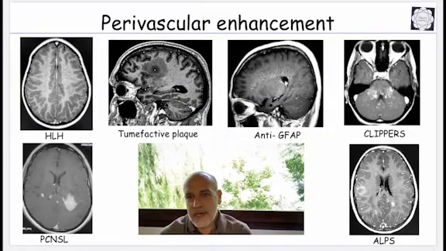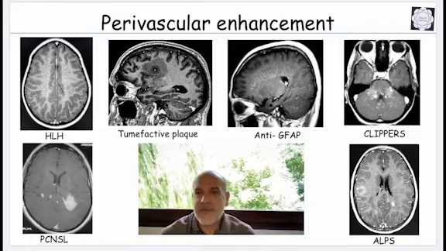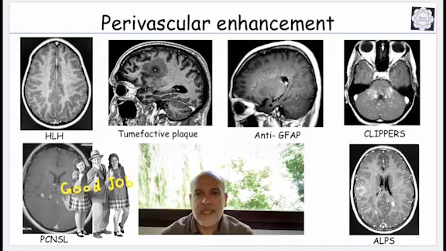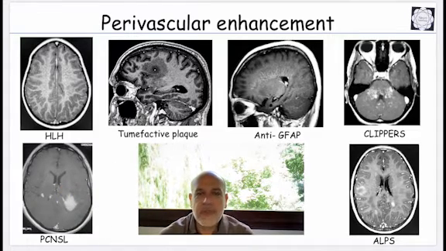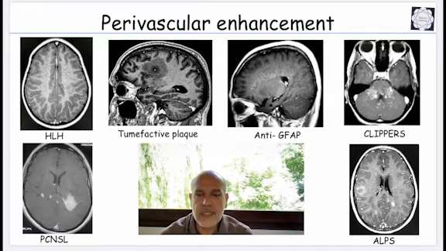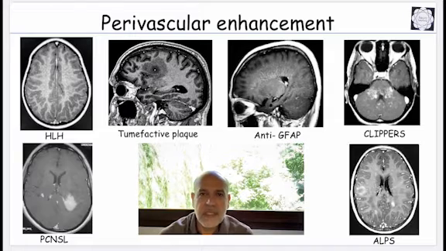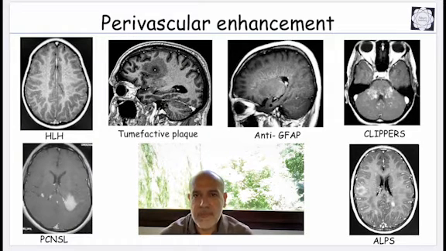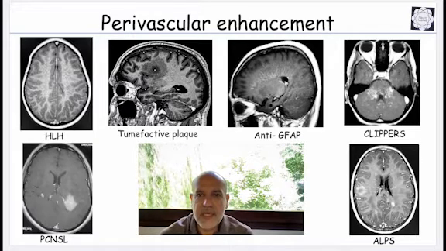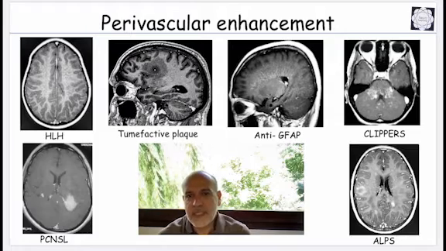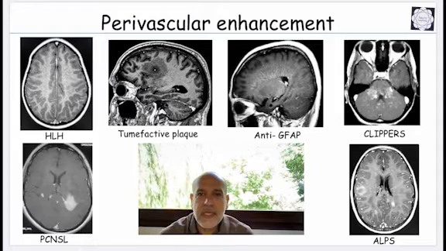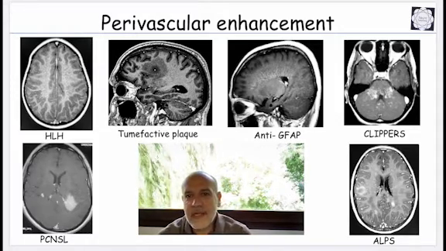Okay, in general, for us, this means perivascular enhancement. And here you have several diagnoses. Here from left to right in the upper row, we have an HLH, hemophagocytic lymphohistiocytosis with macrophagic activation, then a tumefactive plaque of a demyelinating disease, then a pattern of encephalitis by anti-GFAP antibodies, glial fibrillary acidic protein, and finally a CLIPPERS.